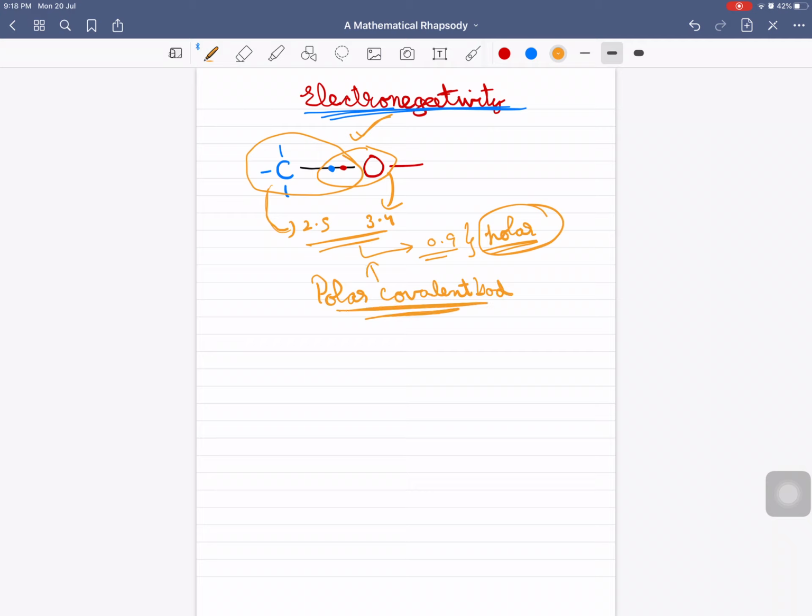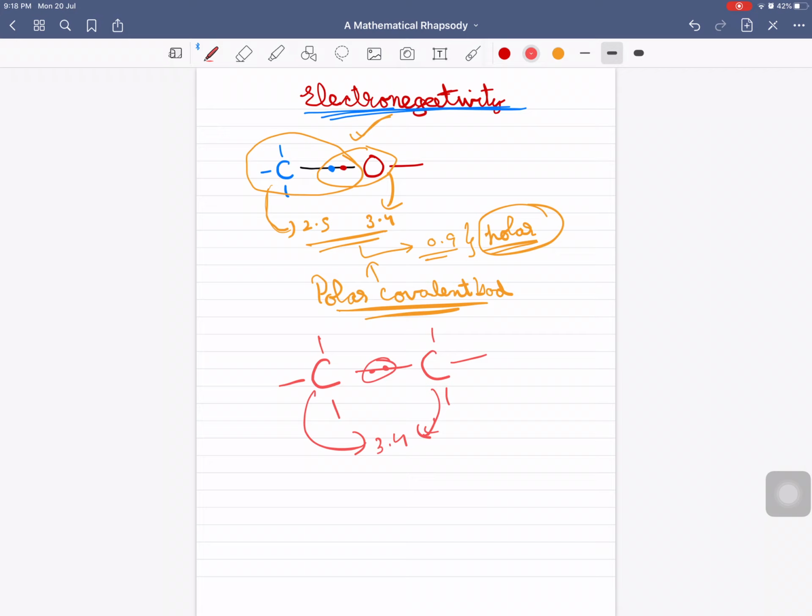Let's take another example. Now let's take an example between carbon and hydrogen. And here's another thing that I want to tell you. Okay. If this is carbon and this is carbon, since they have electronegativity values that are the same, electrons will stay somewhere in the middle.